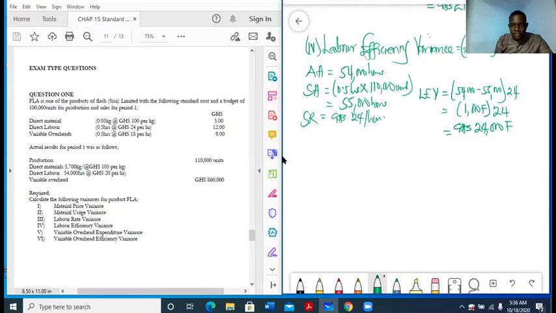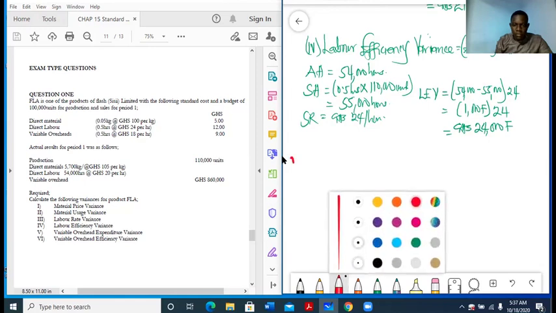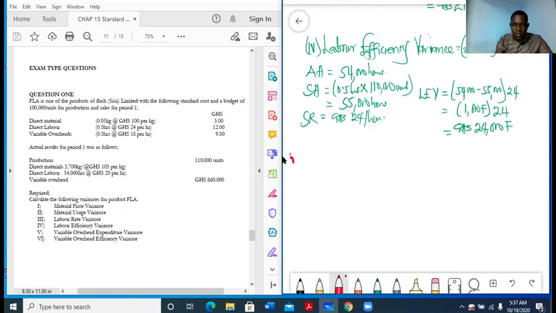Looking at variable overheads expenditure variance.